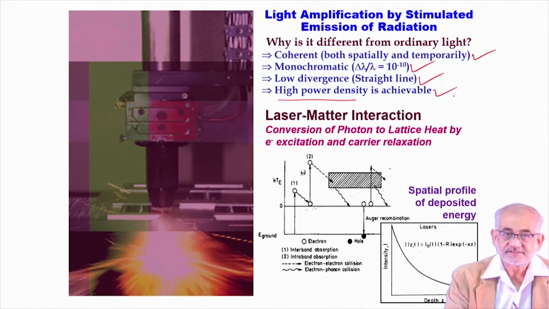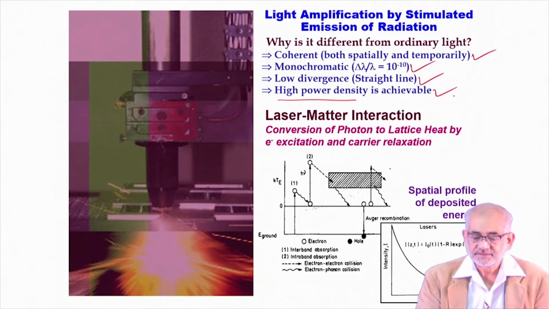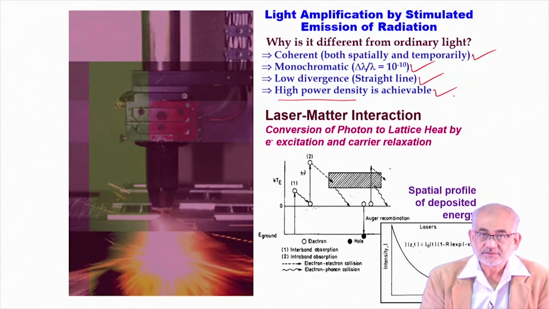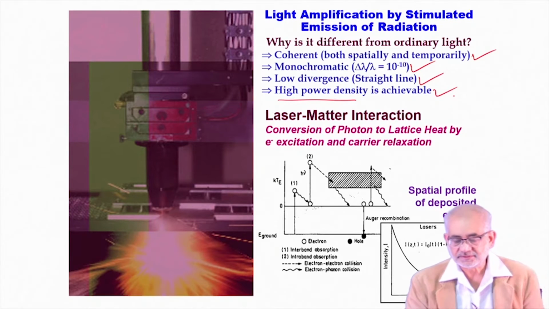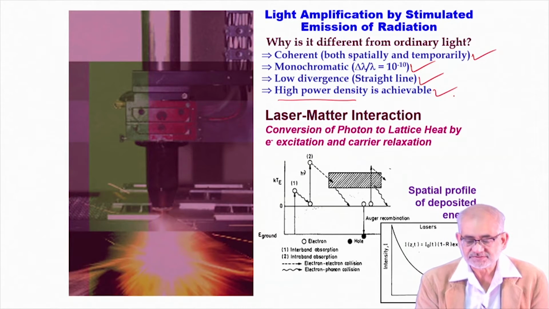So this is how laser is different than ordinary light, and using this directed source of heating, we allow the solid to get heated up and undergo a certain amount of microstructural changes.